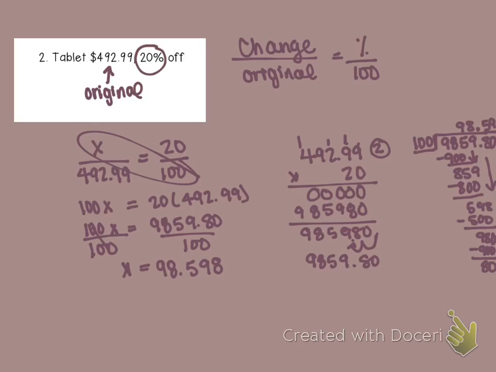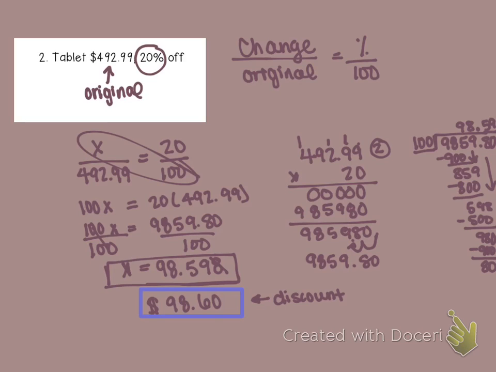So if you're going to buy a tablet and it's 20% off, the price that you would be able to subtract from the original is this right here, which we need to make look like money. And remember how we round. If it's 5 or more, we add 1 and drop off the last number. So $98.60 is your discount. And remember, if we wanted to find your new price, we would subtract that from the original.